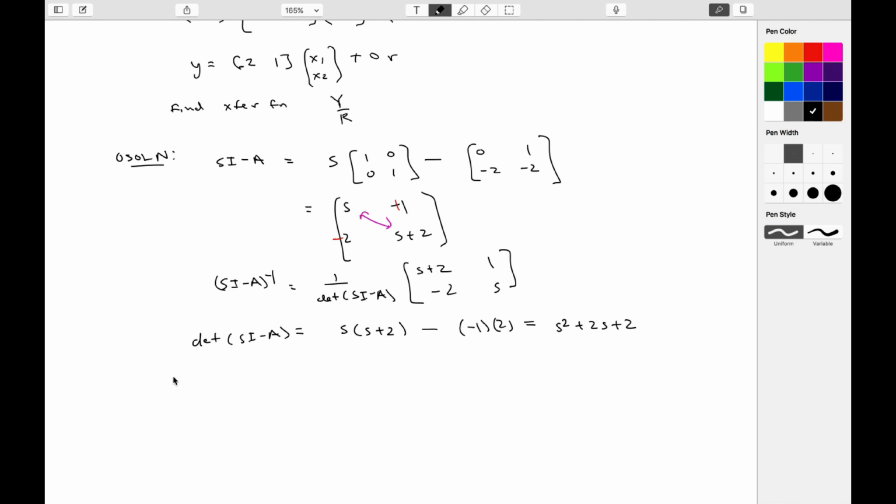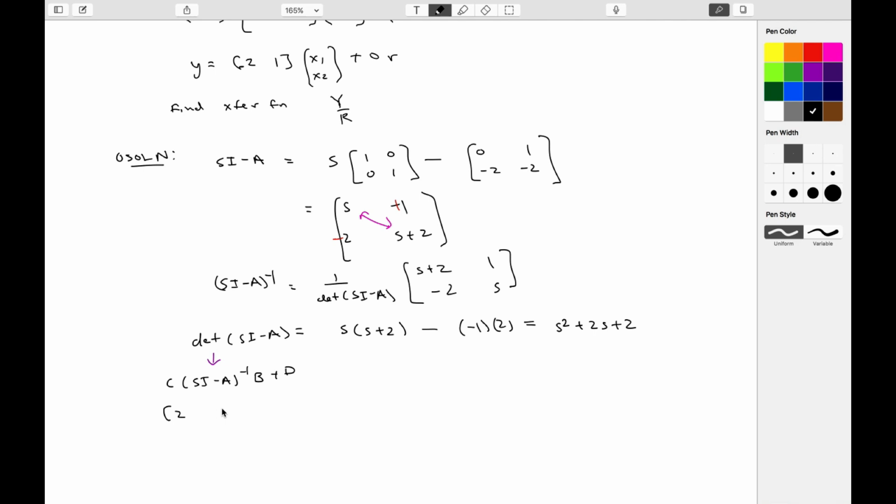Okay, so then what we want to do is take C times that. So remember, C times sI minus A inverse times B plus D. Alright, so we've done only this part so far, this sI minus A inverse.